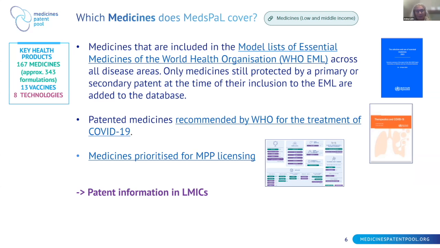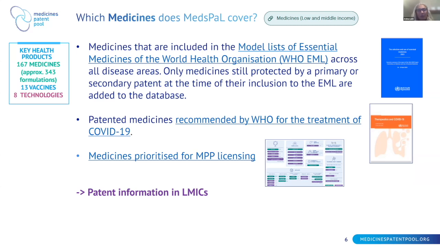Every 2 years, the WHO publishes the new listing of essential medicines, and we usually add those products that are still patent protected. So if you're looking for products that are on the EML and you don't find them in MedsPaL, it's probably because they have expired, especially if they are off patent.